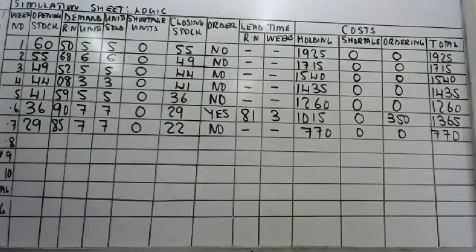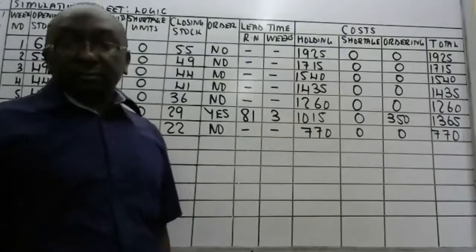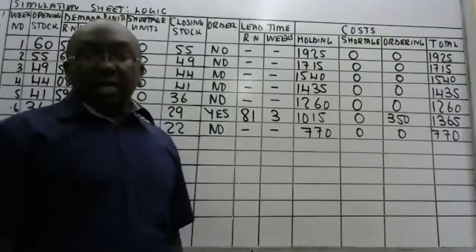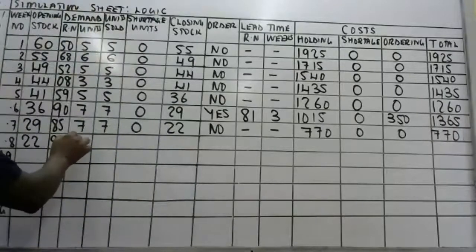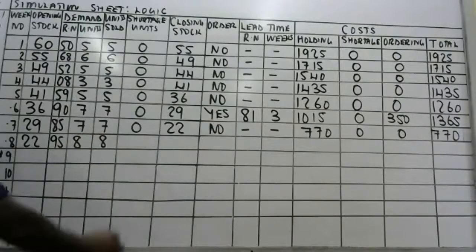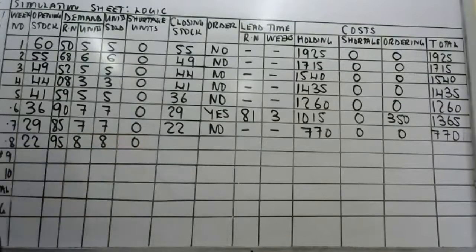So get to week 8 where we are opening with 22. The random number is now 95. How many units are there? Yeah, I can see 8 coming very fast. So we have 8 units to sell. No one will miss.